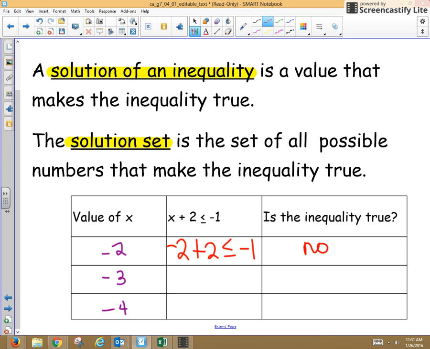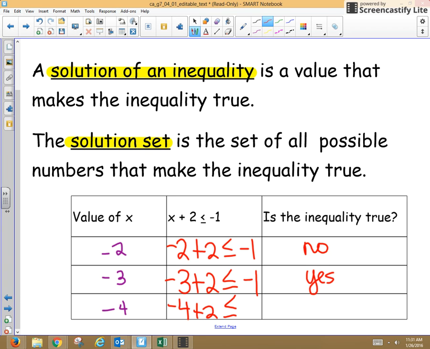Now let's try negative 3. Negative 3 plus 2 is negative 1. Is negative 1 less than or equal to negative 1? Well, since they're equal, yes, it is a true statement. And the third one, negative 4 plus 2 is negative 2.